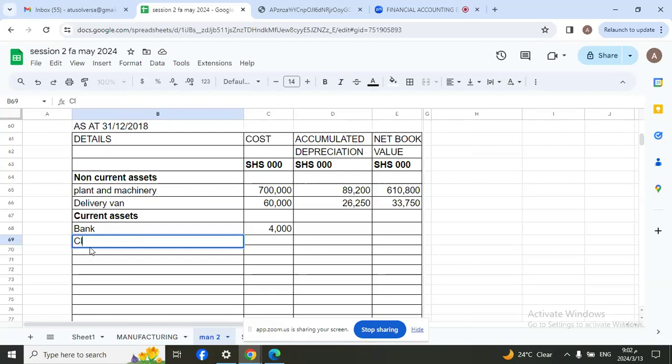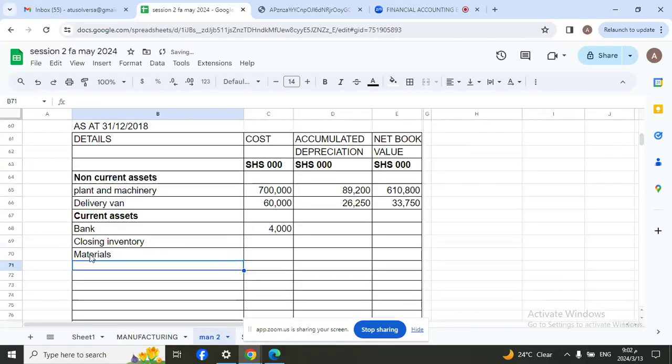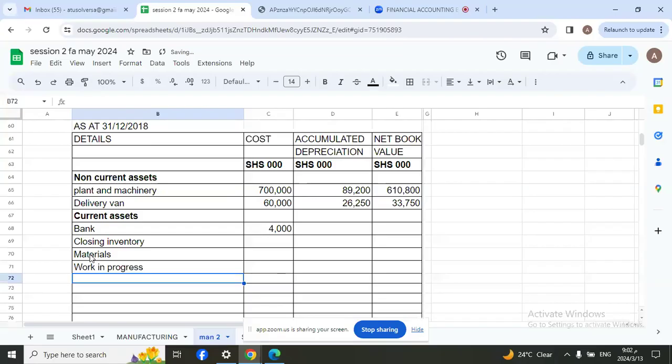I write my closing inventory. Down I have materials. I have work in progress. Then I have finished goods.